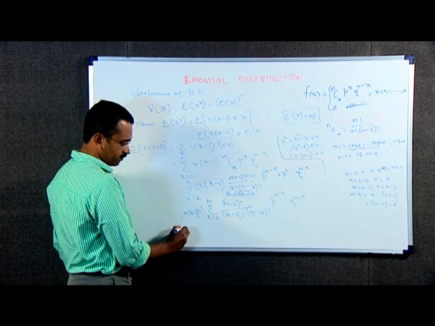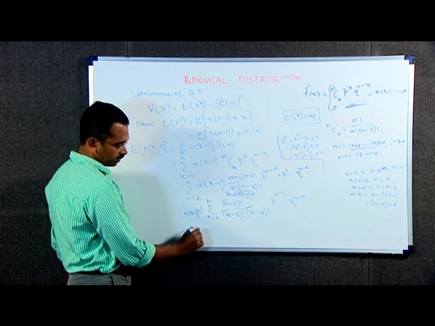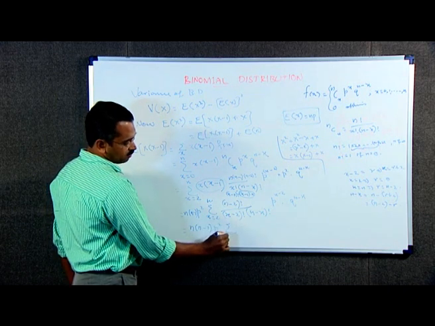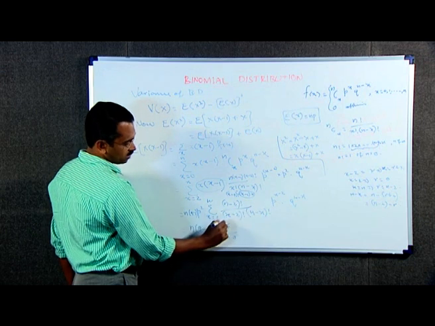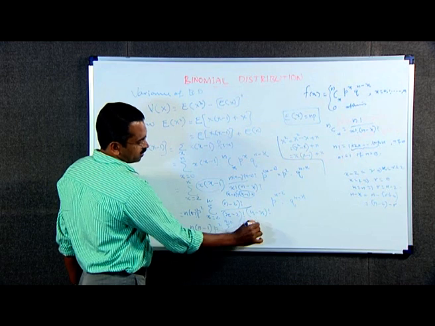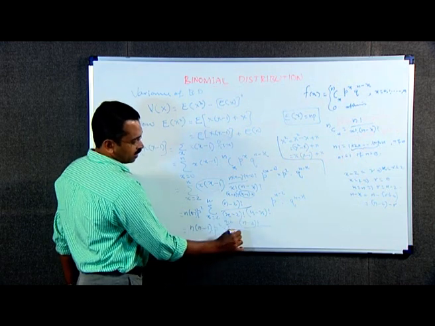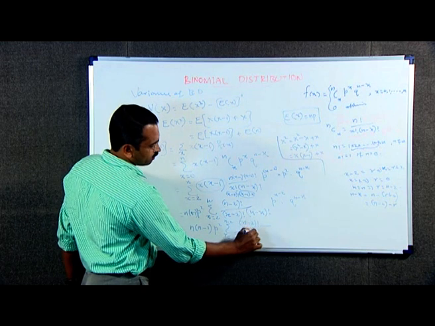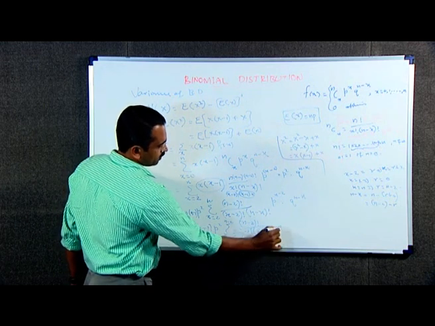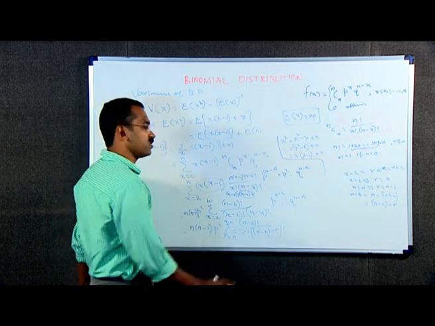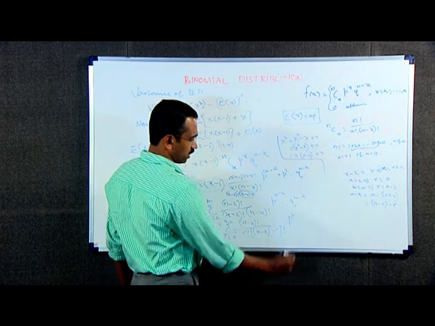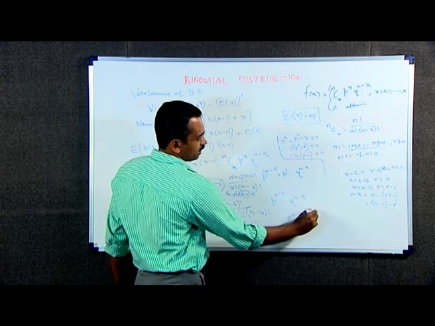Therefore, this is equal to n into n minus 1 p square summation r varies from 0 to n minus 2, n minus 2 factorial divided by r factorial into n minus 2 minus r factorial p raised to r, q raised to n minus 2 minus r.